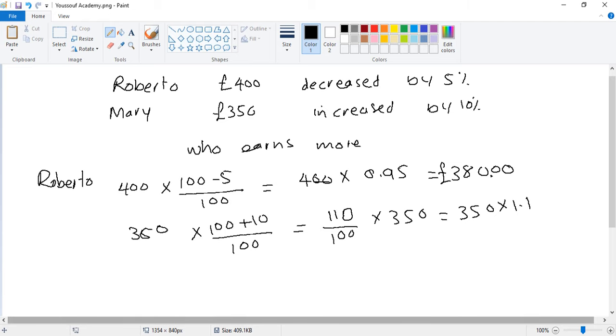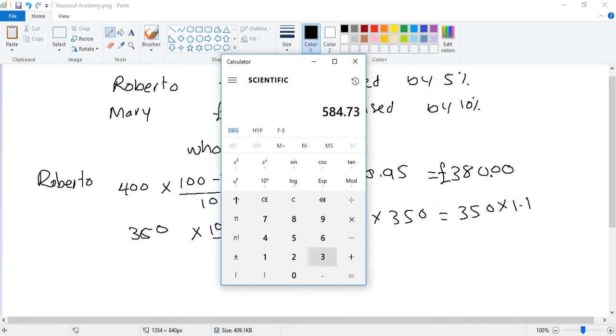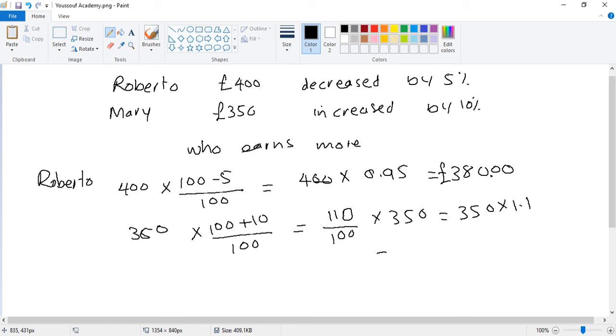We use the calculator quickly. 350 times 1.1, and the answer is 385 pounds. This is Mary's wage. So who is earning more? Of course, Mary earns more than Roberto.